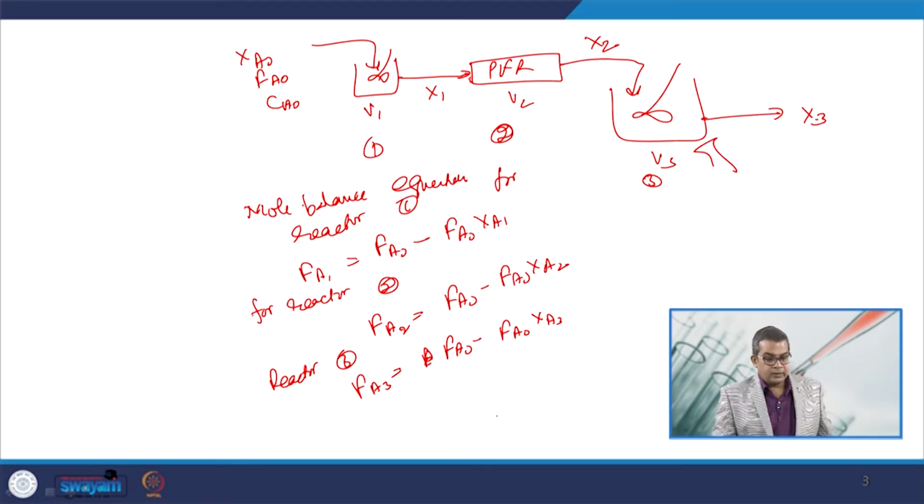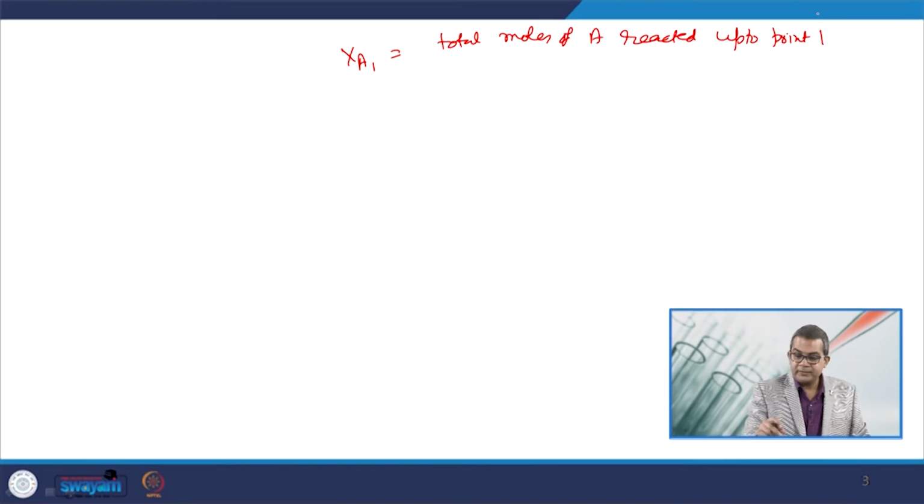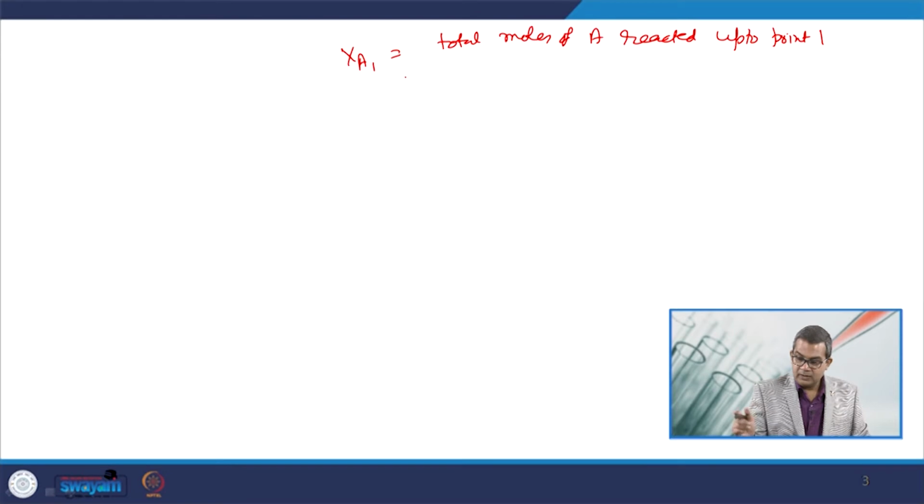Now X_A1 is the total moles of A reacted up to point 1, that means up to here, divided by moles of A fed to the first reactor.